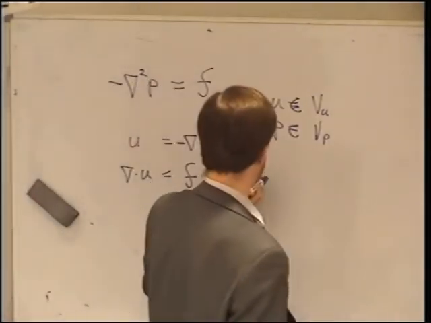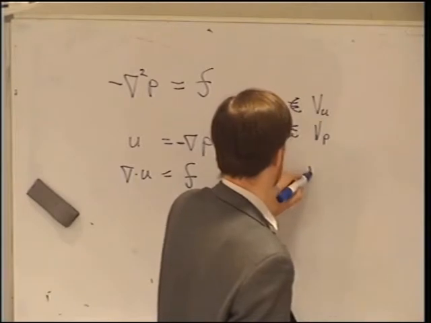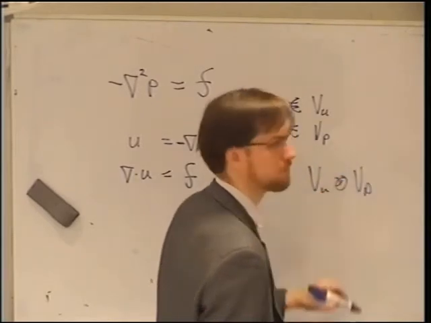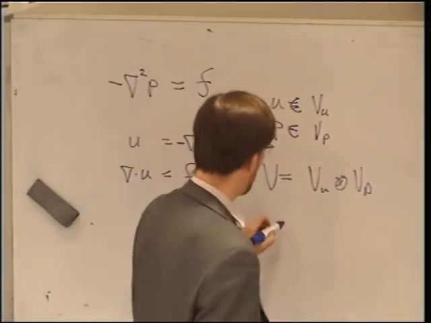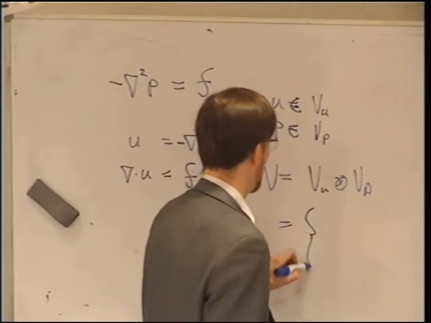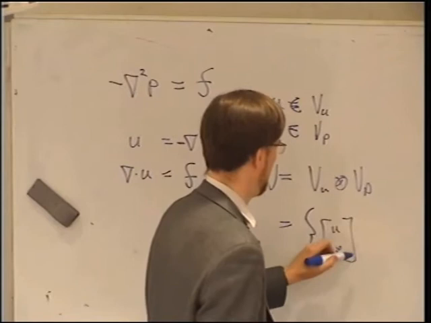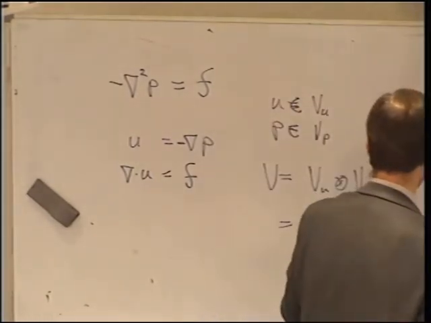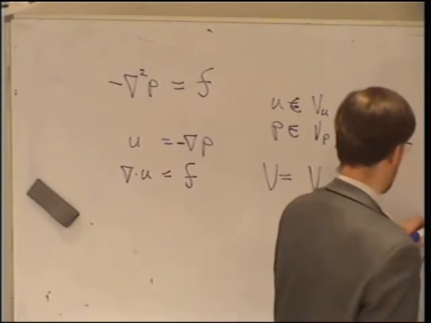So I say V is equal to Vu times Vp. This is the space of functions (u, p) such that u is in Vu and p is in Vp.